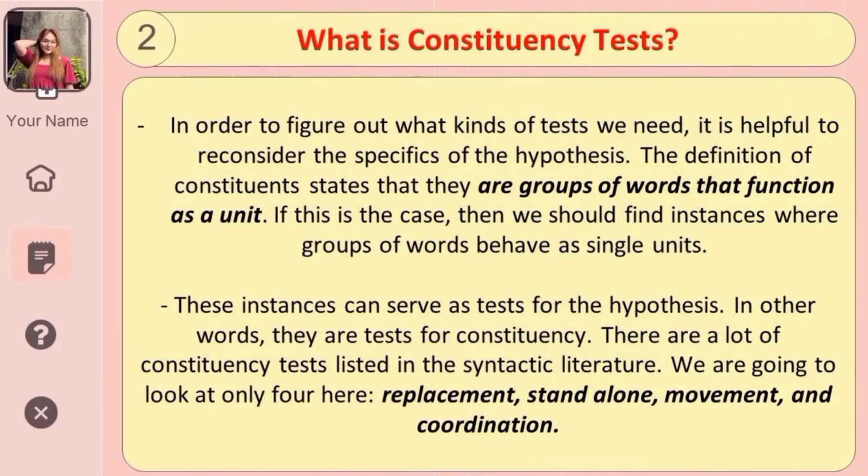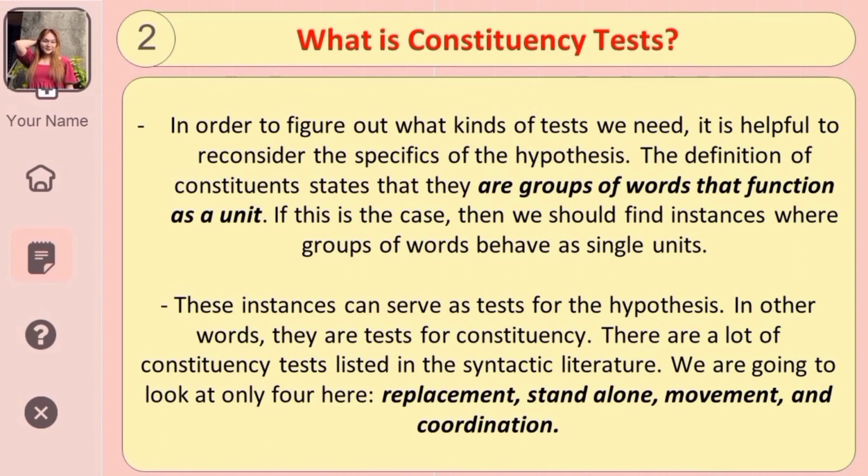In order to figure out what kinds of tests we need, it is helpful to reconsider the specifics of the hypothesis. The definition of constituents states that they are groups of words that function as a unit. If this is the case, then we should find instances where groups of words behave as single units, and these instances can serve as tests for the hypothesis. In other words, they are tests for constituency.